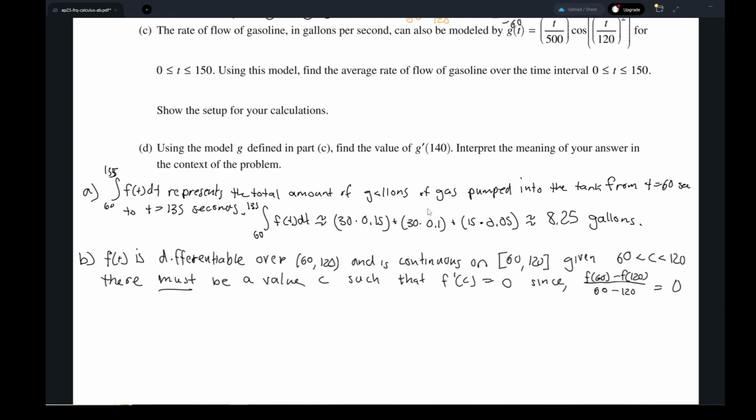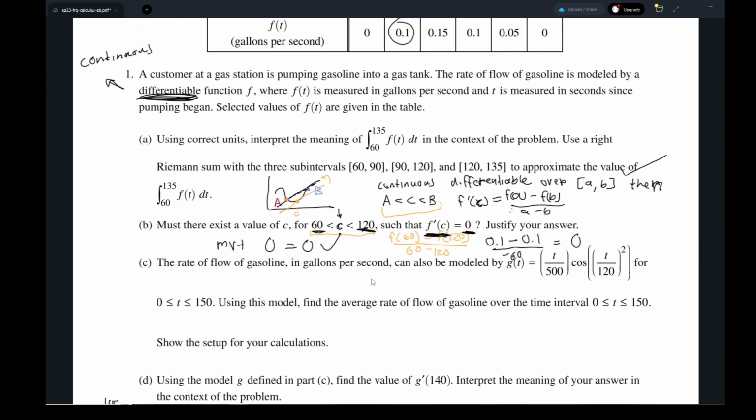And then we need to state that we're citing the mean value theorem. So we're going to say by MVT, or we're going to do these 3 dots, MVT, or you can just say by mean value theorem. And that's how you earn full points on this part, right? So you need to state the mean value theorem.